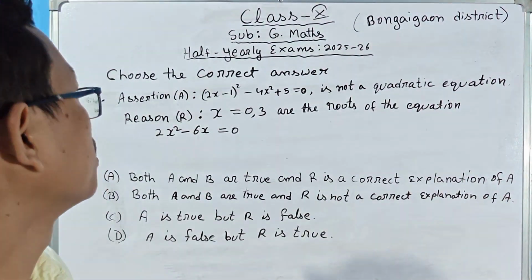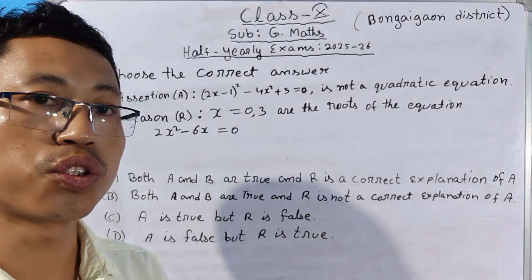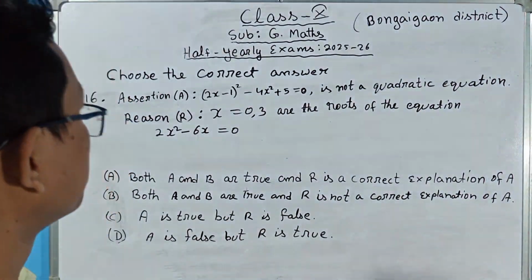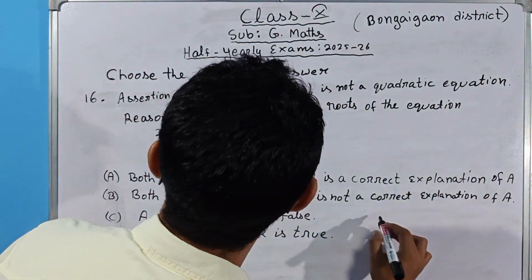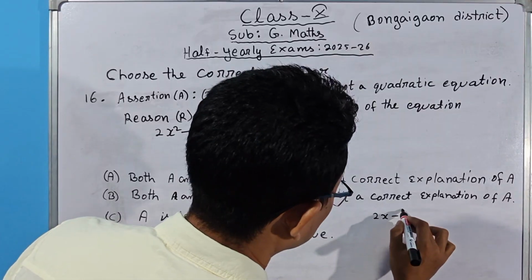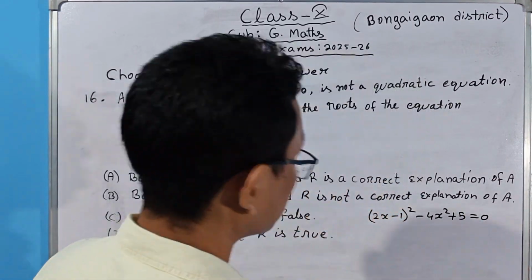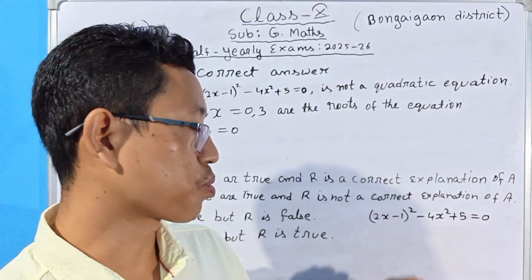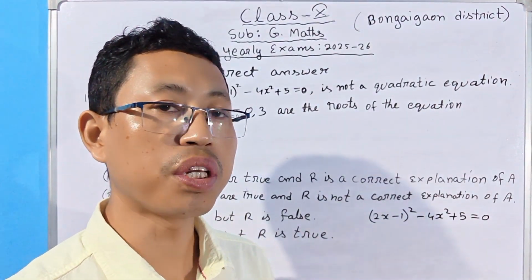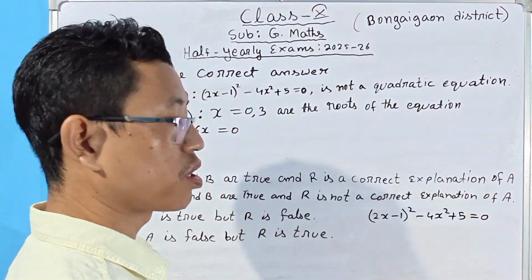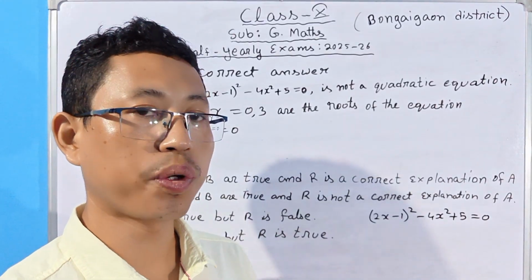Now let's see whether the assertion and the reason are true or false. Clear? First of all, 2x minus 1 whole square means the (a minus b) whole square formula. Let's apply it. What is the formula? a square minus 2ab plus b square.